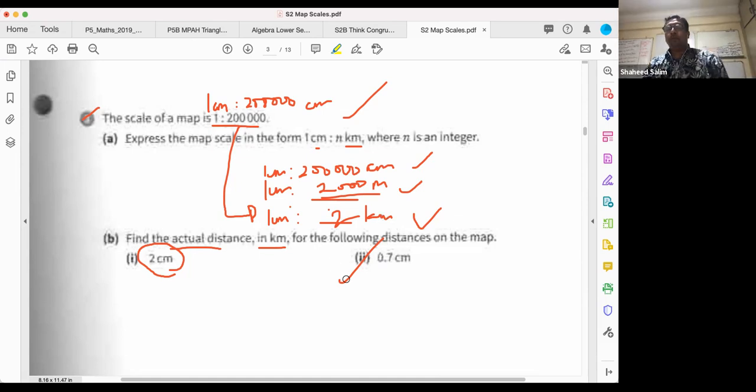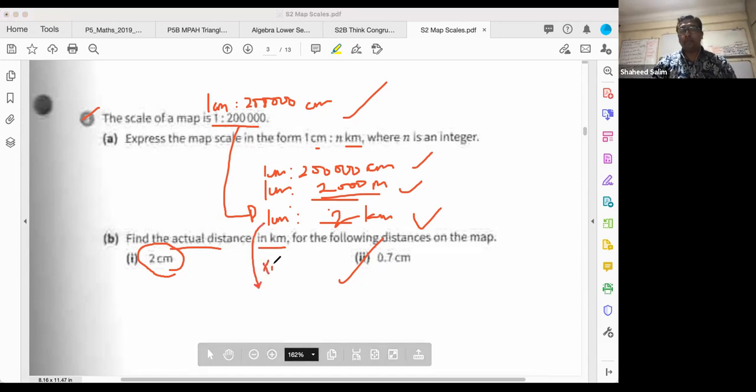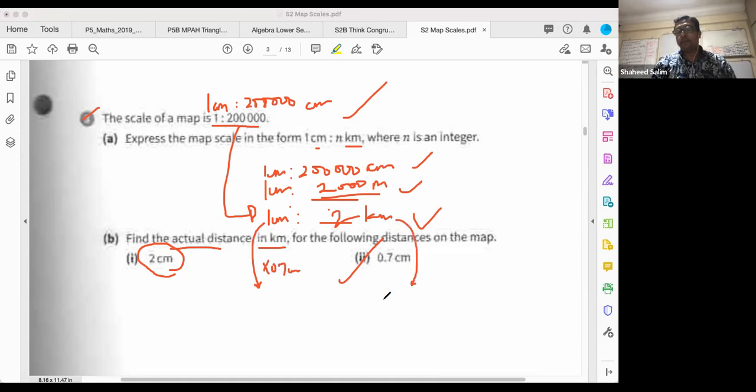So now if you want to change it, how do you bring it to 0.7? You times it by 0.7 cm, you get 1.4 km. So we got to be clear how to do this. Are you confused? No, huh? Okay. We move on.